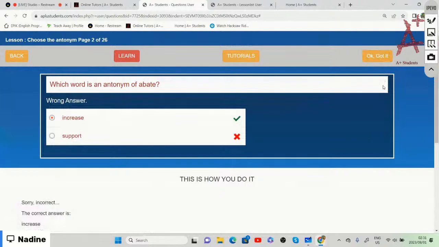So if we were to choose the opposite in meaning of abate, not support, it is increase. But now, whenever you get something incorrect, you can then copy the link, send it to us, and you will get 100 bonus points.